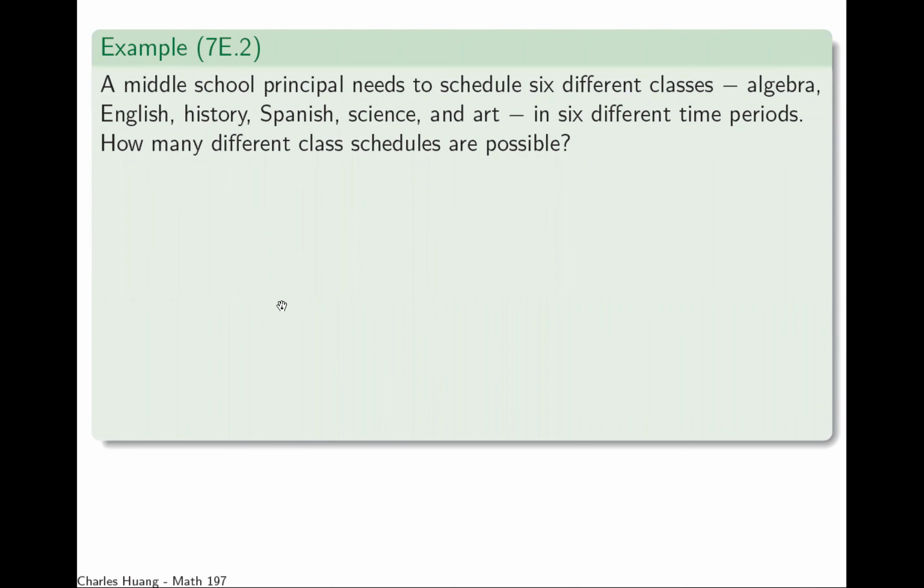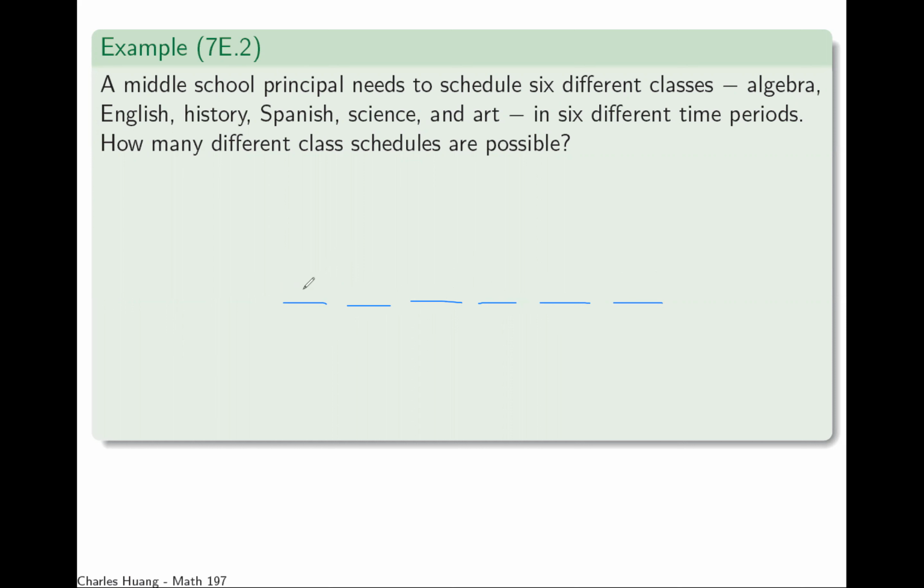Suppose we have 6 different classes and we want to arrange them in 6 different time periods. How many different schedules are there? Once again, imagine that we have 6 different time slots: period 1, period 2, period 3, period 4, 5, 6.